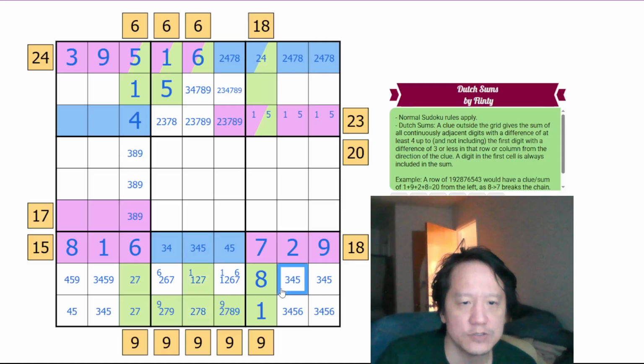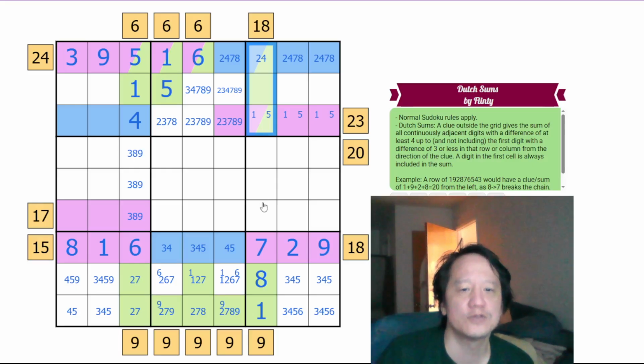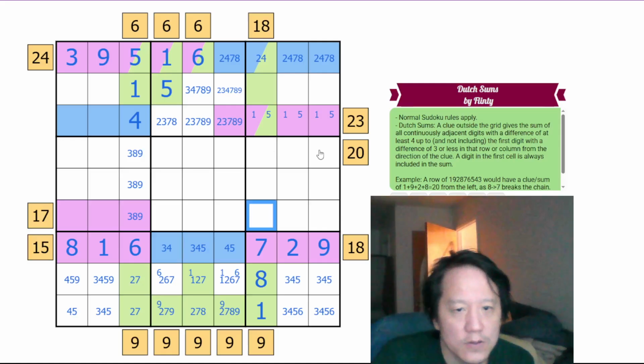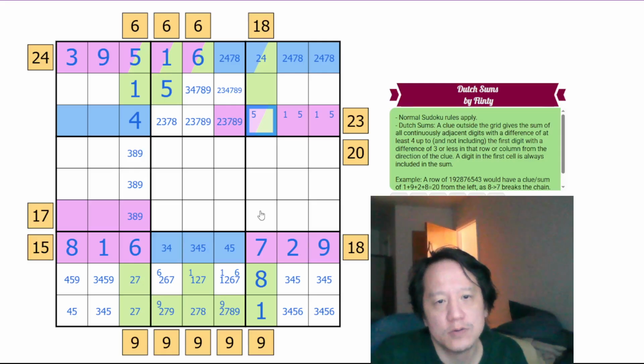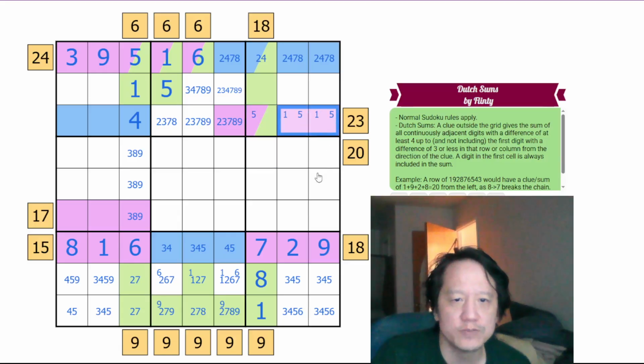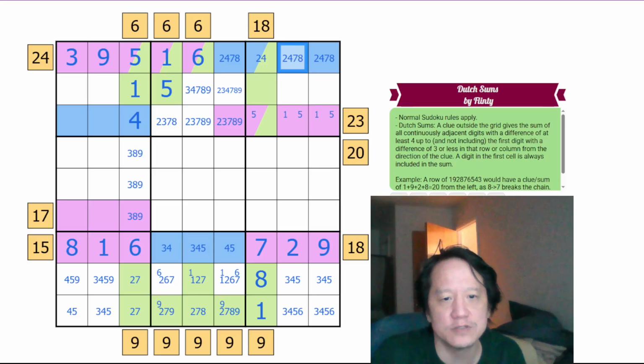These have to be 2 there. This is at least 3 here. 1 cannot be here. 5 cannot be here. Well, 5 could be there. It could be 4, 9, 5. Okay, never mind. So 1's one of these two. 2 eliminates 2 here.